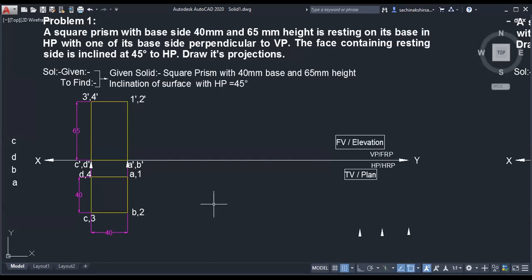Understanding this is important in this chapter. How many flat surfaces are there for any square prism? 6. Six flat surfaces are there.